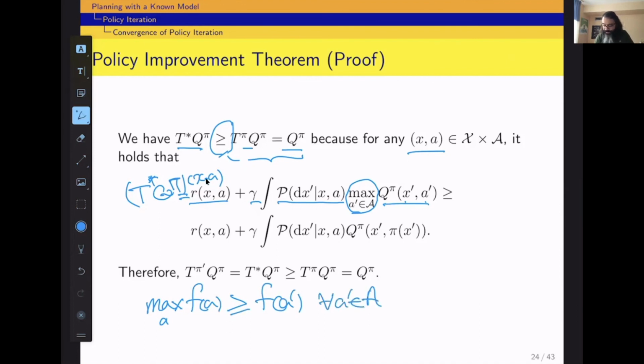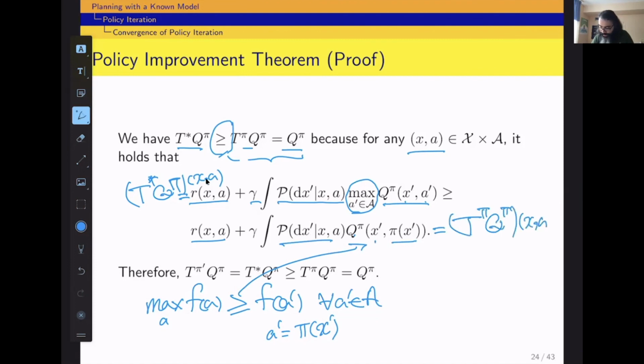And here A prime happens to be pi of X prime, so I just plug it in. So this whole quantity is larger than the reward plus gamma times the expectation over the next state of Q pi of X prime, pi of X prime. And this is T pi of Q pi evaluated at X and A. So we just showed that T star Q pi is greater or equal than T pi Q pi.